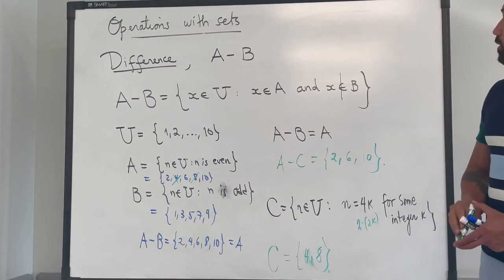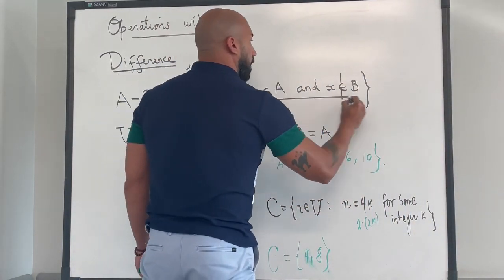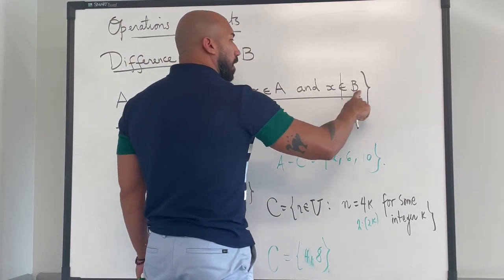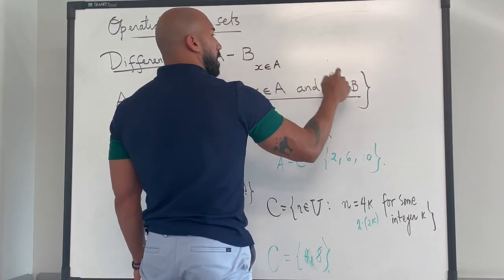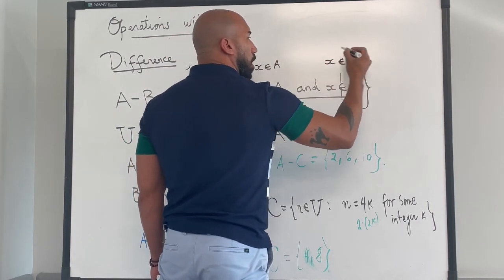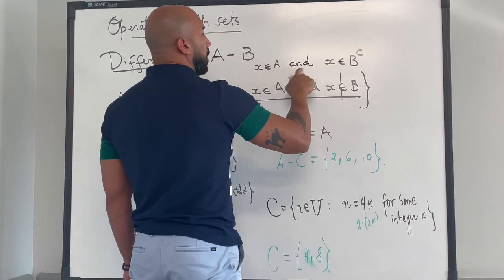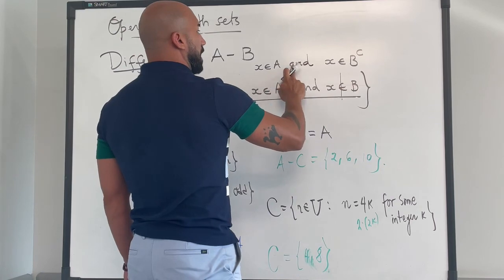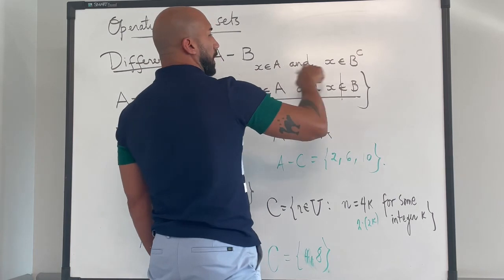Is that okay? Something else that we can notice is the following. If it's in A and not in B, not in B means that it has to be in the complement of B. So this statement can be rewritten this way: if x is in A and in the complement of B, that means that it is in the intersection of these two sets.